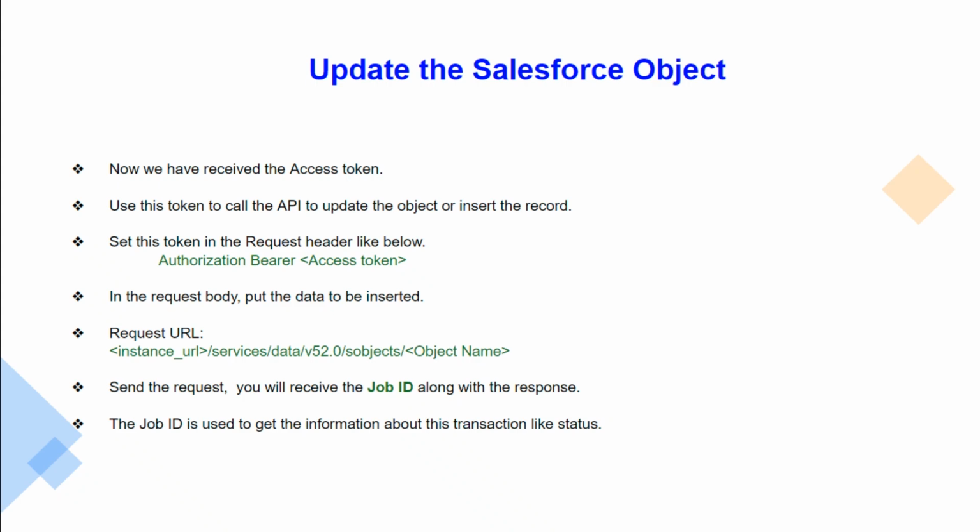The request URL you have to construct like below: the instance URL that we get from the access token call, then /services/data/version/sobjects, then the object name. It can be account, user or any custom object. Send the request. You will receive a job ID along with the response. The job ID is used to get information about this transaction, like status.